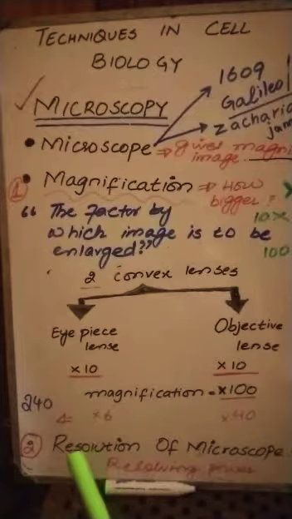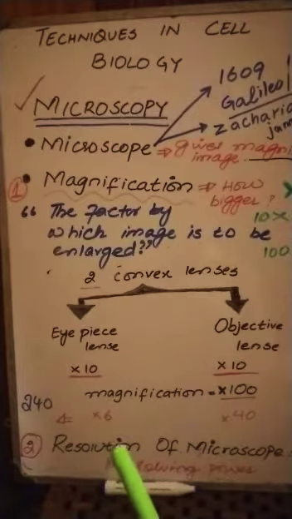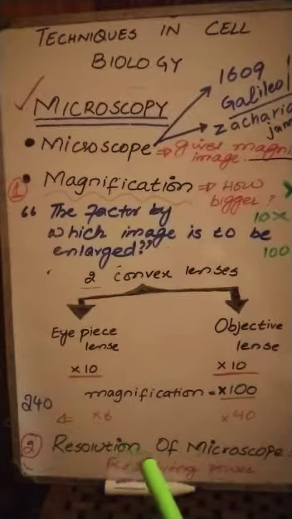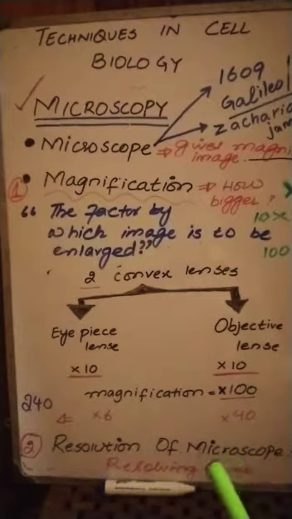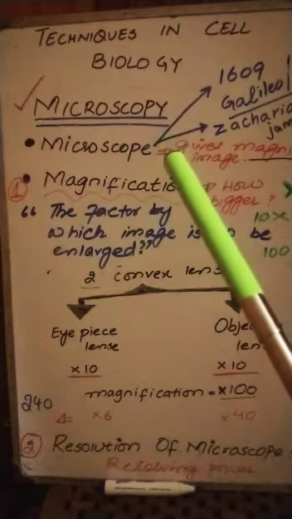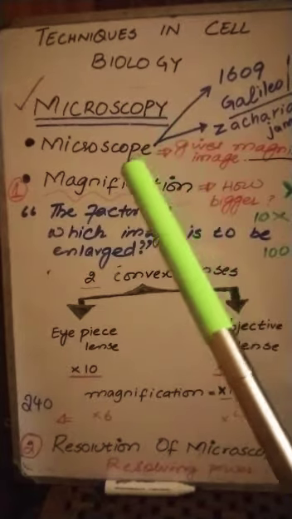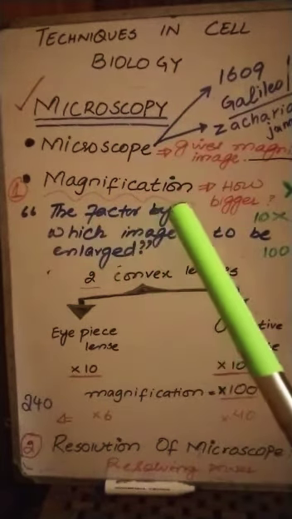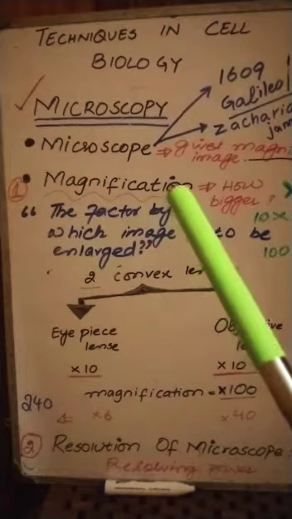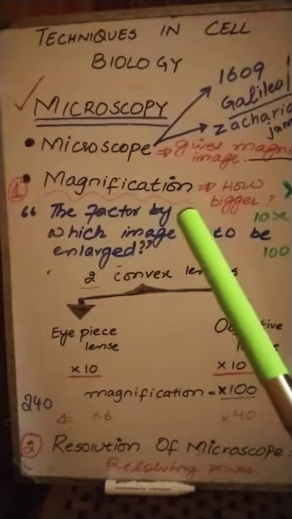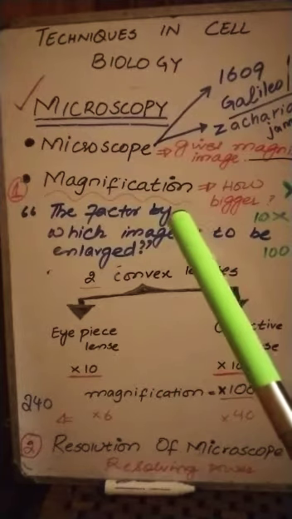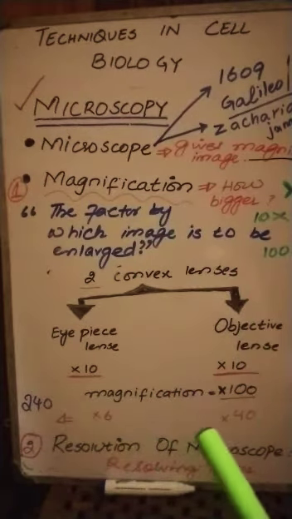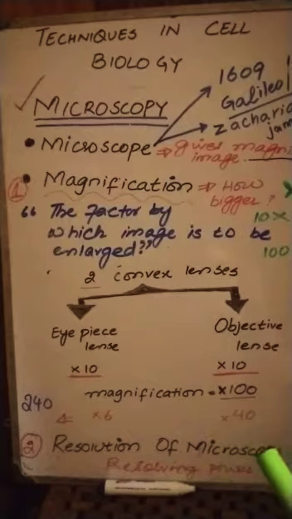The second aspect, students, which I have to discuss with you is the resolution power of the microscope. As I have told earlier, microscopy involves two basic things. One is magnification, how much bigger an object can be made, and second is the resolution power of the microscope.